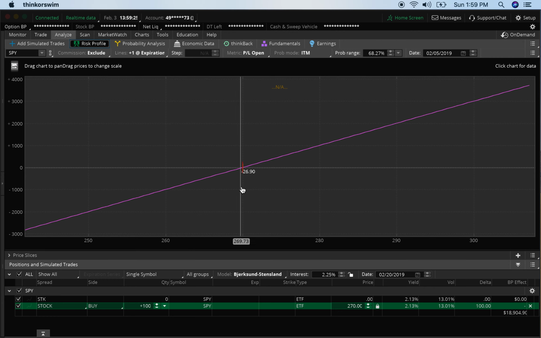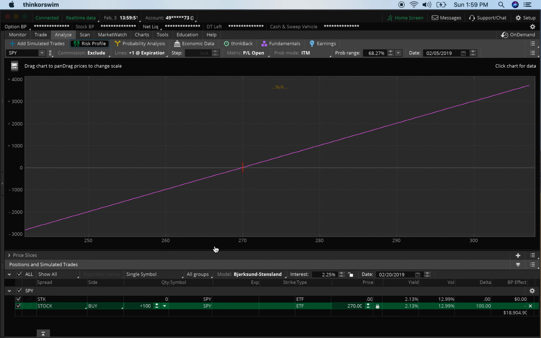And as the stock drops below your entry price, so it's at 270, now it's going 269, 268, your profit loss is negative, right? It's shown by here. This is the zero line. This gray line is the zero line. Your purchase is right here at 0. Okay, so now we understand as the stock price increases or decreases, you look up to the line.